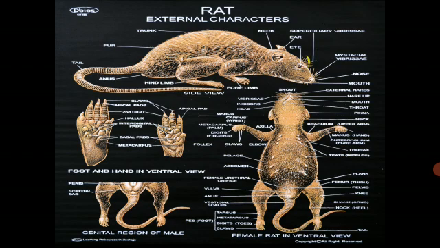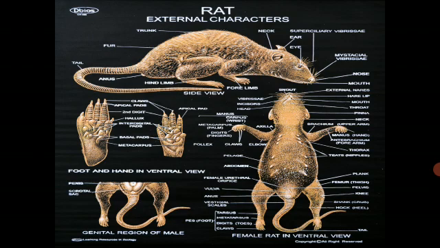The eyes are present on the head itself, situated on the sides of the head. Then the external nares are present just above the mouth and near the tip of the snout.